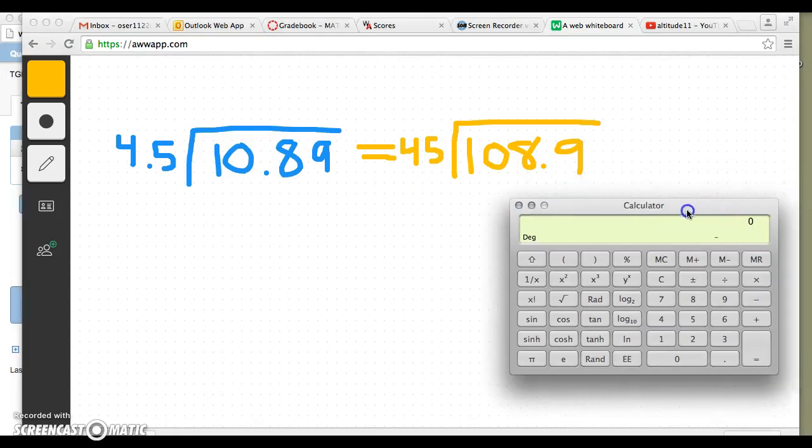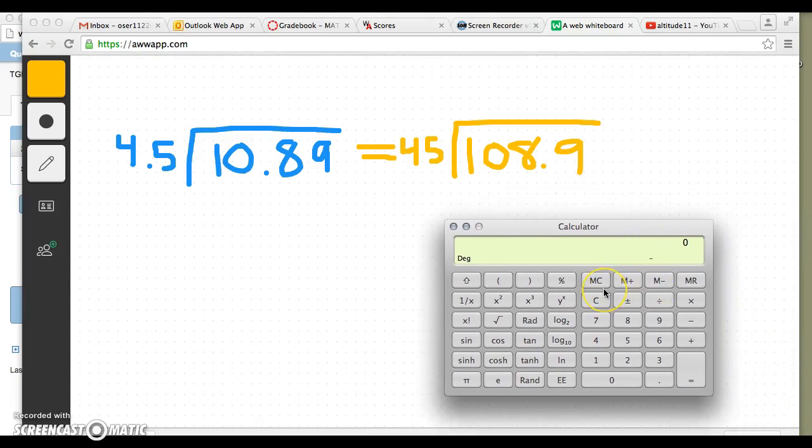Let's just show that here by calculating these using a calculator, and then we'll actually calculate our answer by hand. So when we take 10.89 and we divide by 4.5, we get 2.42. Now, if we increase both the divisor and the dividend by a factor of 10, that shouldn't affect our final answer.